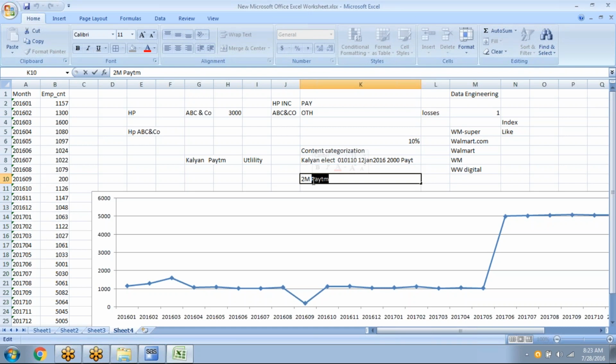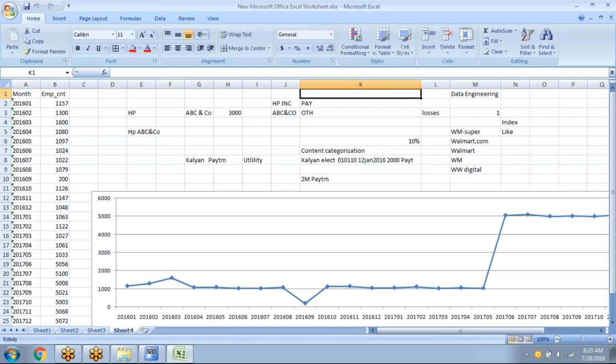So now you'll take all the retail customers like Paytm, Walmart, JCPenney, Best Buy, Cheers. If the data is flowing into our systems, then only we'll be able to know. If the data is not flowing into our system, we'll not be able to know, right? So if you do this categorization, it will help you to identify your prospects and your existing customers.